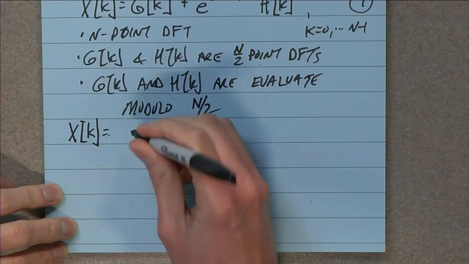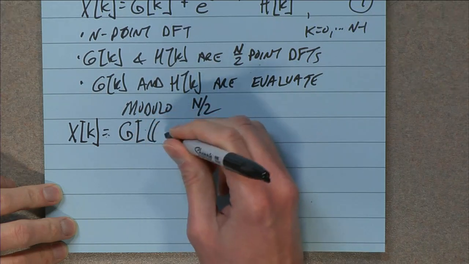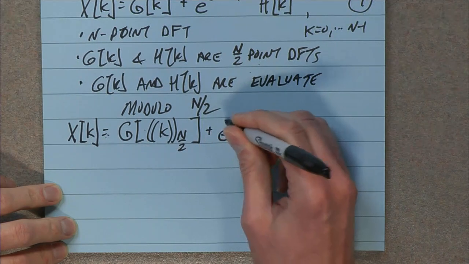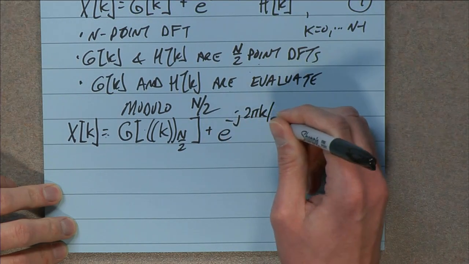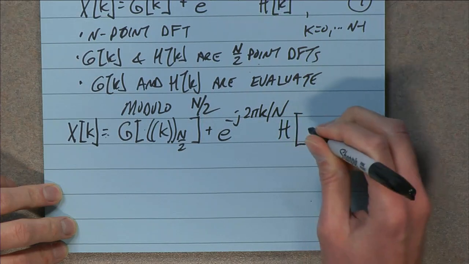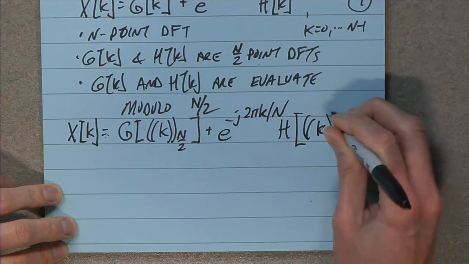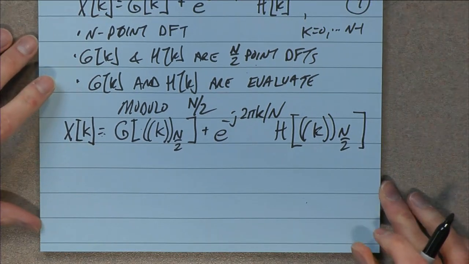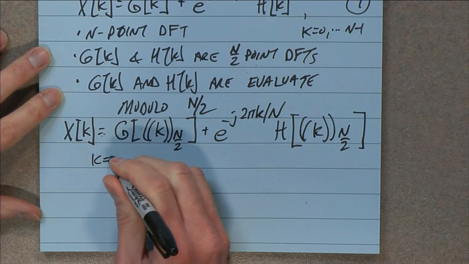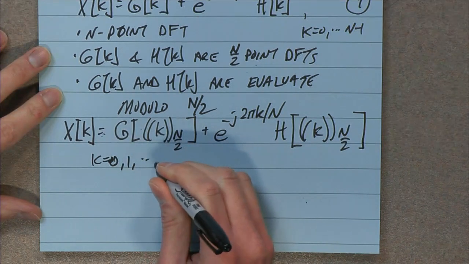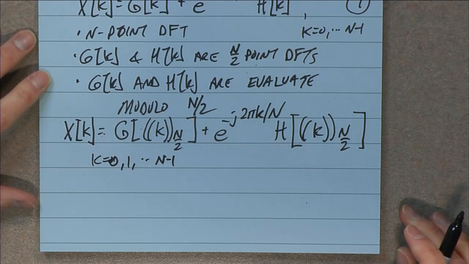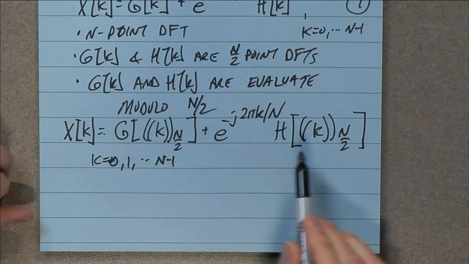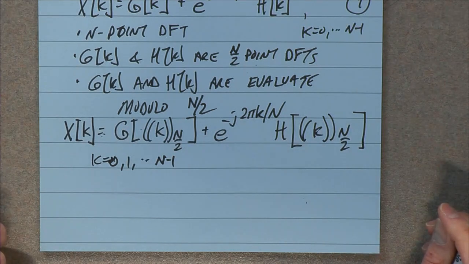Now we have x of k is equal to g of k, but now it's time for our fun modulo arithmetic. So now we have something that makes a little more sense. We've got k equal to 0, 1, dot, dot, dot, n minus 1. So we've got an endpoint DFT, which is good because that's what we want to do. And we've got g of k and h of k, which we've computed by n over 2 point DFTs.